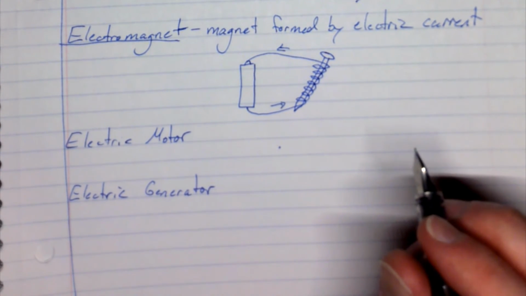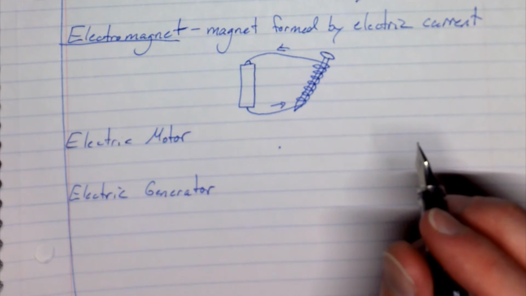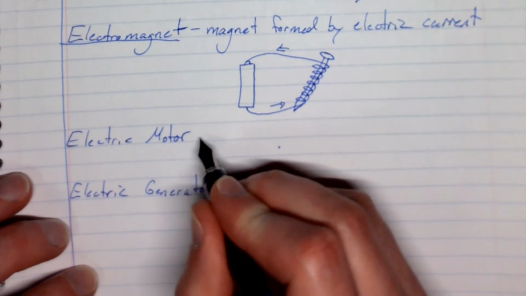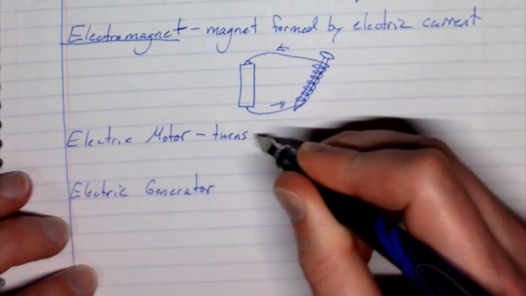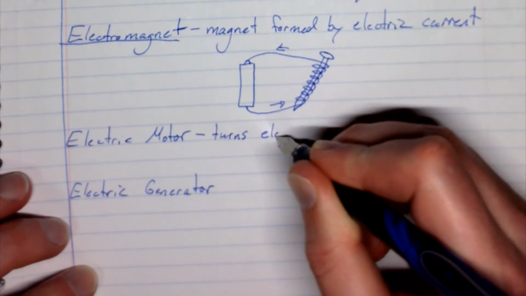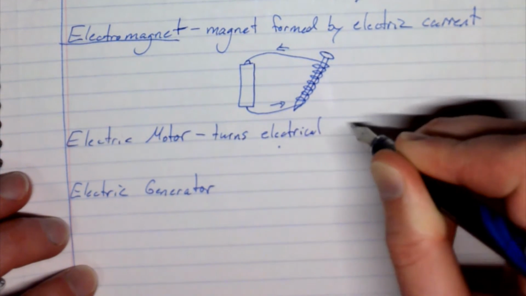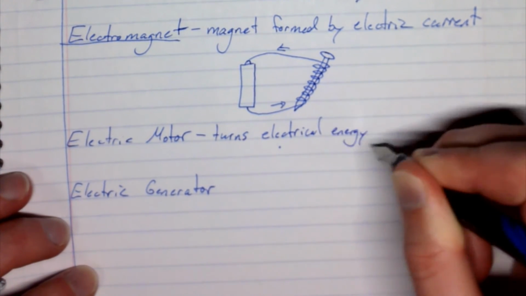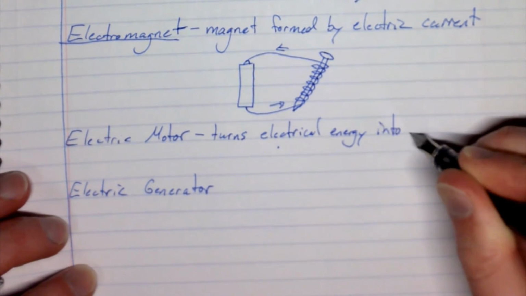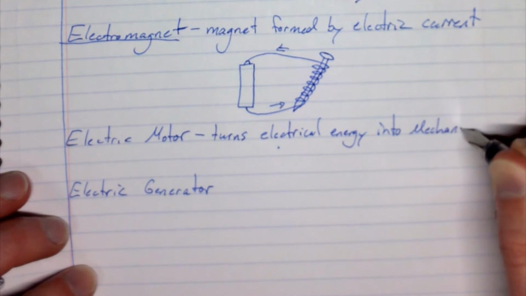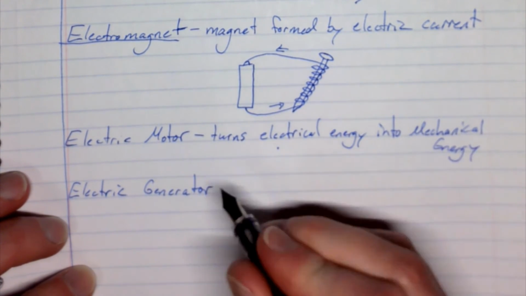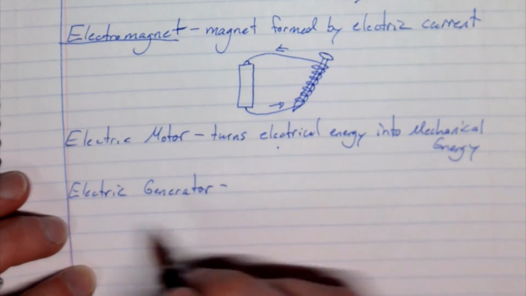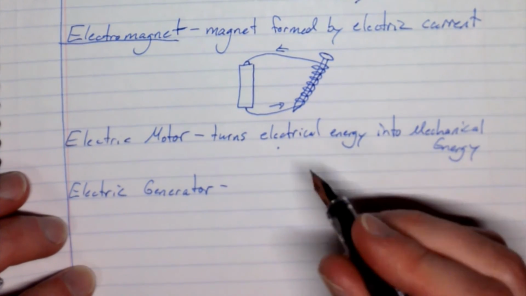Did I spell that right? I did. Nice. Okay. So an electric motor turns electrical energy into mechanical energy. And a generator, an electric generator, does the opposite.